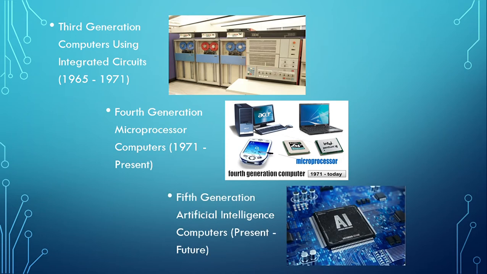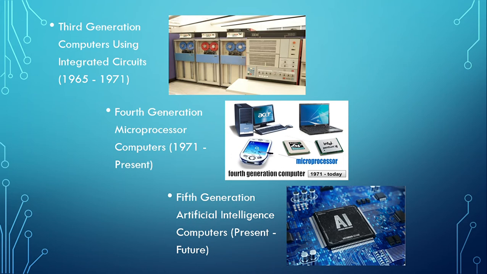And the last is the fifth generation, the artificial intelligence computer. From present to future, this fifth generation is actually still in the development stage, which will have technology based on artificial intelligence or AI.